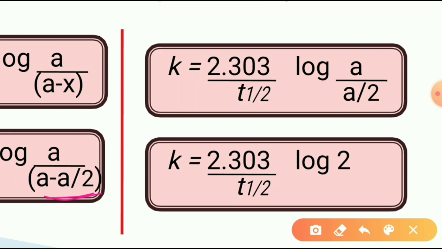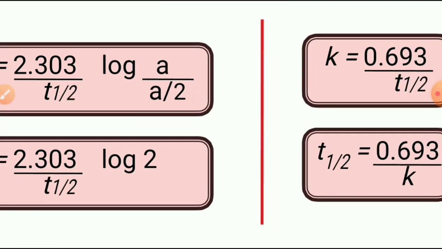So after modifying, the factor inside the log, a upon a by 2, gives 2, since the a's cancel and the denominator goes to the numerator. So k equals 2.303 upon t half into log of 2.